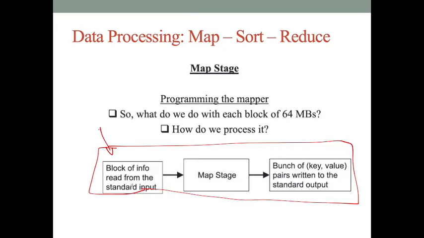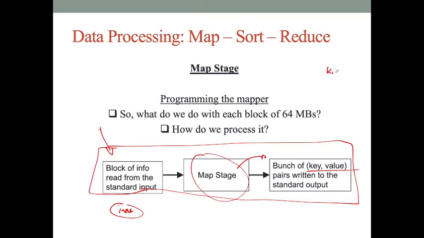The input is going to be a file. Well, it's not a file, it's a block using the standard input. Remember, it's going to be, for example, input in Python, but it looks like a file. And then the mapper is going to be processing this. This is something that you have to write using your favorite programming language. You can use Python, you can use Java, or something else. But something really important is that the output must be a set of key values.